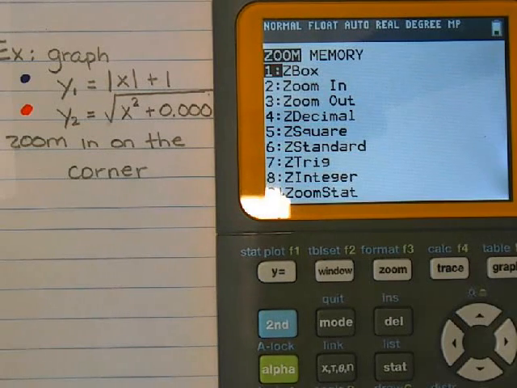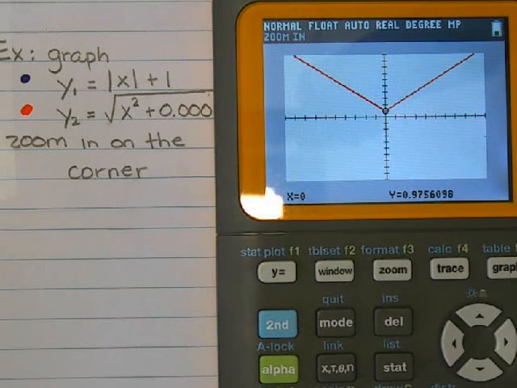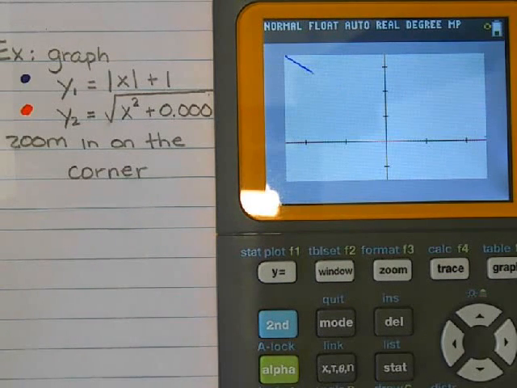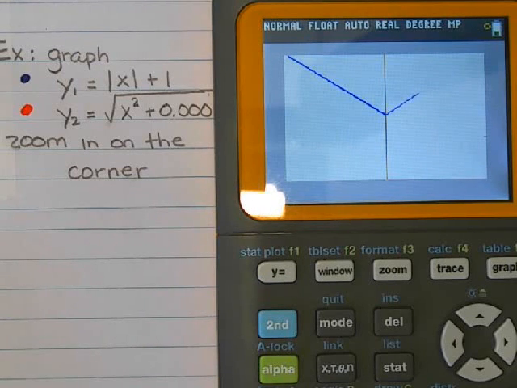So I'm going to zoom in, put this right here on this corner, and hit enter. There's my absolute value, there's my square root, looking pretty much the same. I'm going to zoom in a little bit more. Still looking pretty much the same.